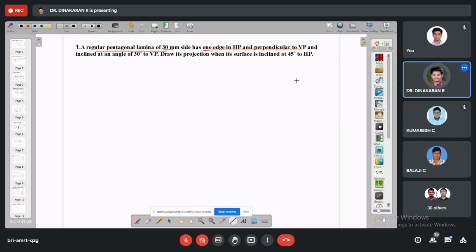Below the reference line. Okay. Where is the surface inclination given? 30 degrees to VP. Is that the surface inclination or the final inclination? I'm asking the surface inclination. 45 degrees to HP. Okay. Is Hariharan there or not?